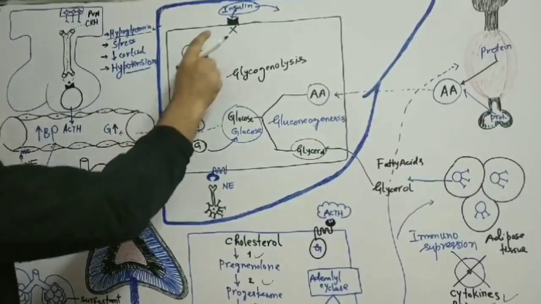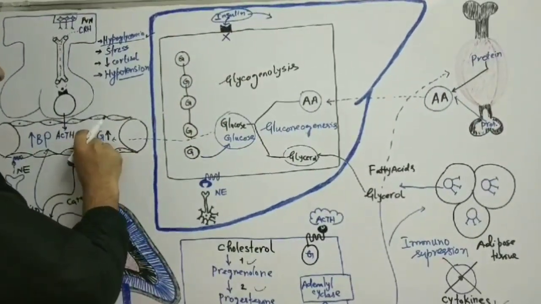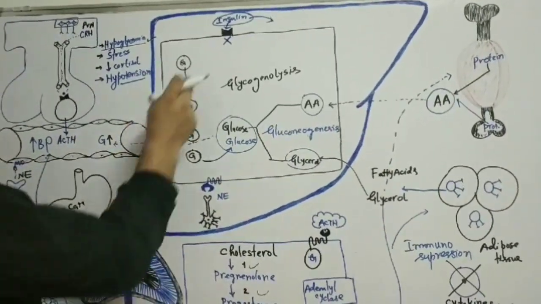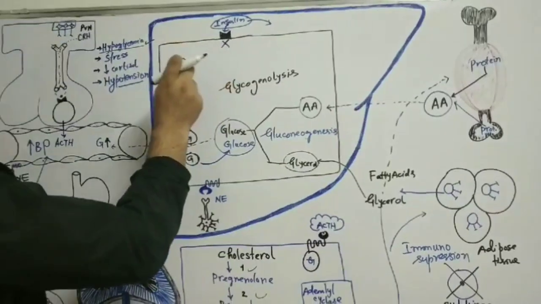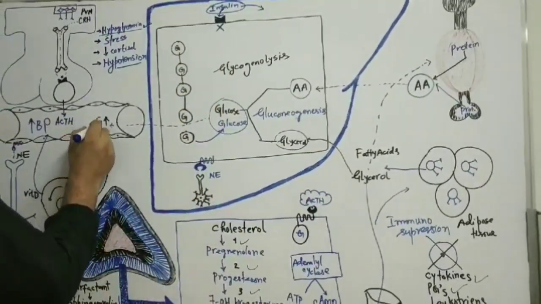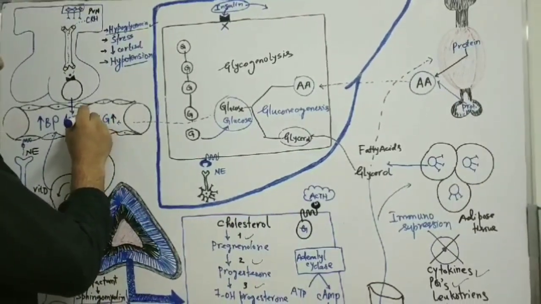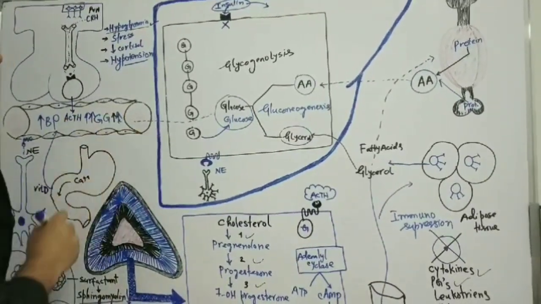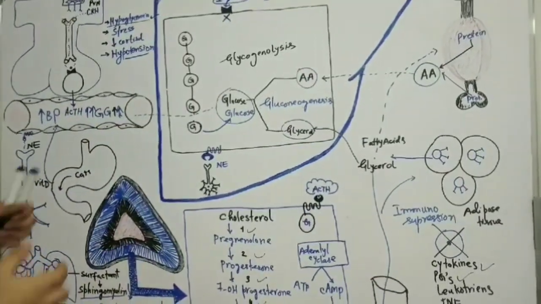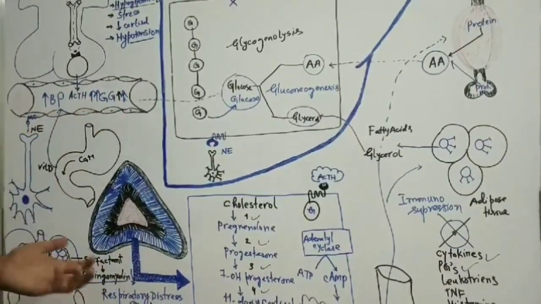What was the function of insulin? Insulin takes the excess glucose from the blood into the hepatocyte. Now you see here, the insulin receptor is dysfunctional. Insulin cannot work. Then what will happen? The glucose inside the vessel will increase. There will be hyperglycemia. The glucose will increase like garbage, because in the blood glucose does not have any function.